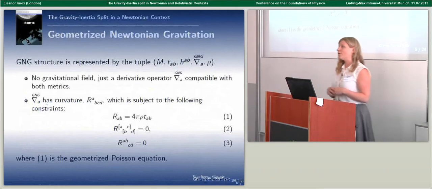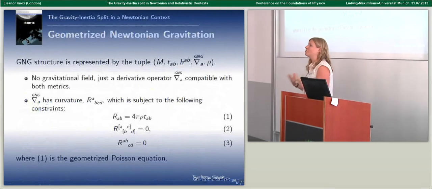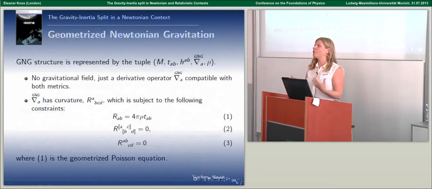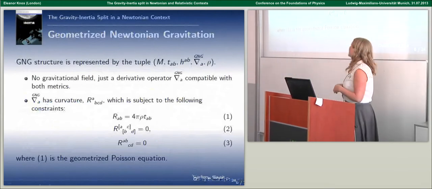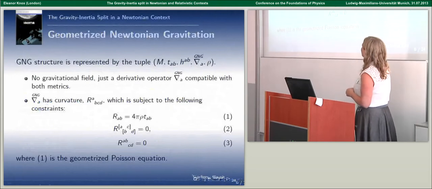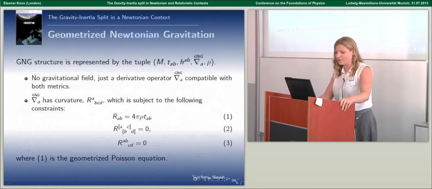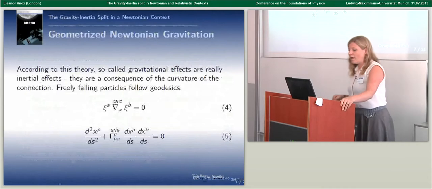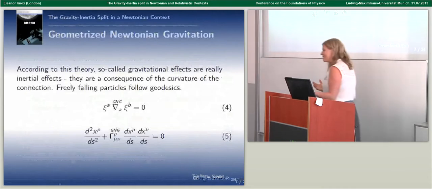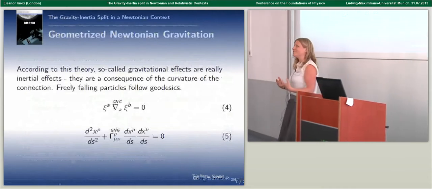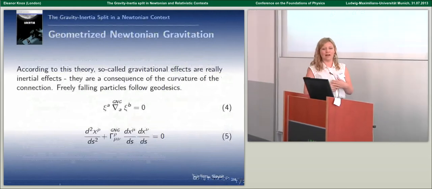We just have a derivative operator that's compatible with both metrics, and that derivative operator has curvature in response to the mass density. In particular, it's governed by the geometrized Poisson equation. And if you impose some other constraints, you get out a unique derivative operator. And that theory has a good claim to be one that reduces gravity to inertia.